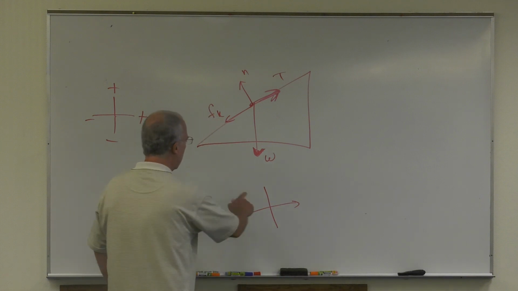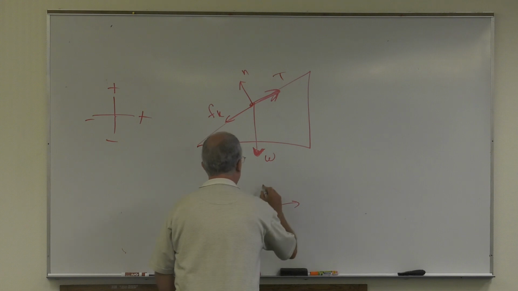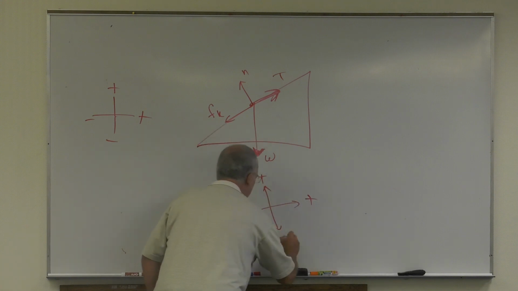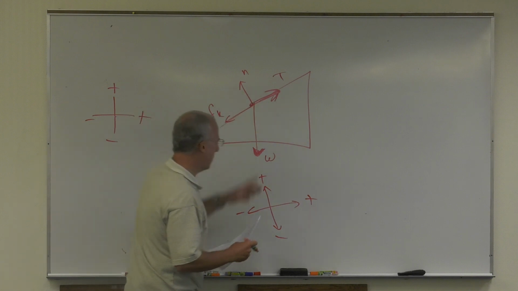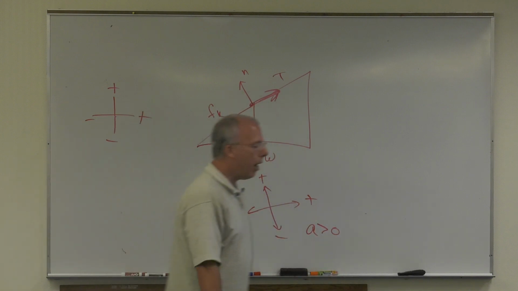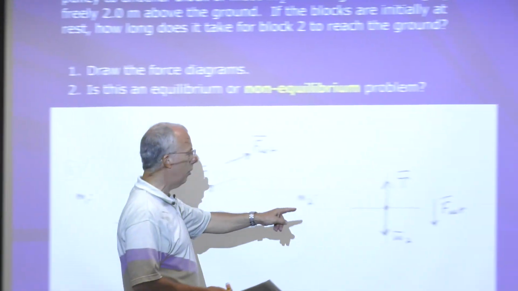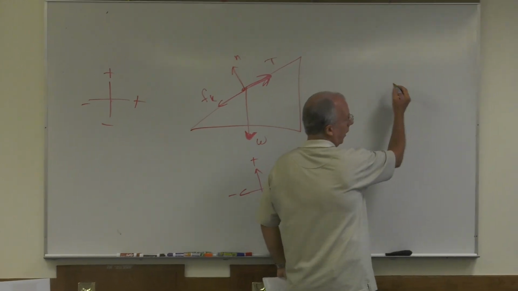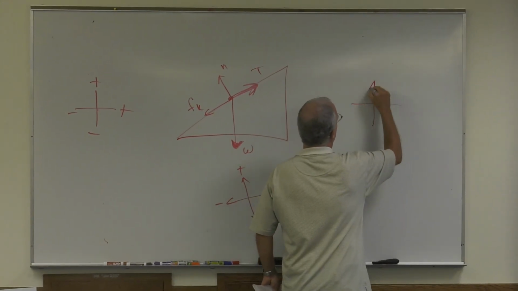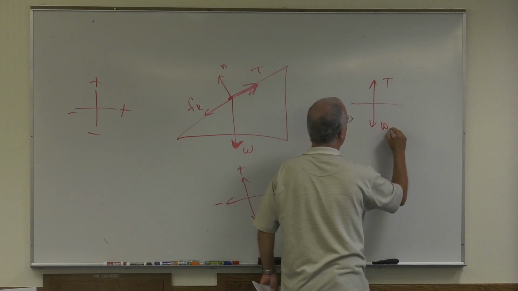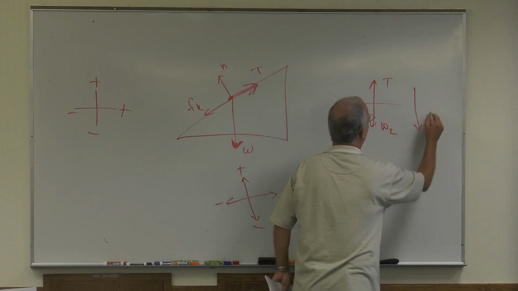So for this one, I'm going to use Randy Knight. Plus, plus, minus, minus. And it's going to have a positive acceleration. Now, I want this one to have a positive acceleration too. How am I going to do that? Here's a force diagram, right? Tension, weight 2, and that's the direction of the force.